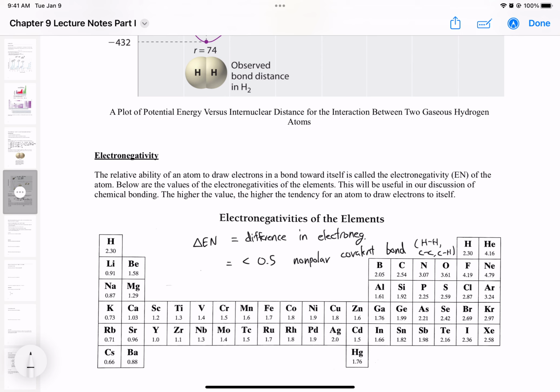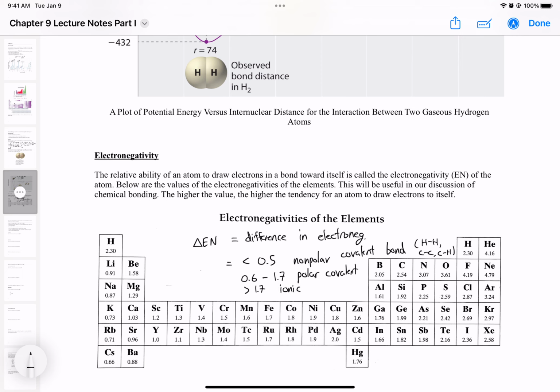Now, if it's between 0.6 to like 1.7, it's considered polar covalent. And if it's greater than 1.7 or towards like 2 to 4, it's considered ionic, an ionic bond.